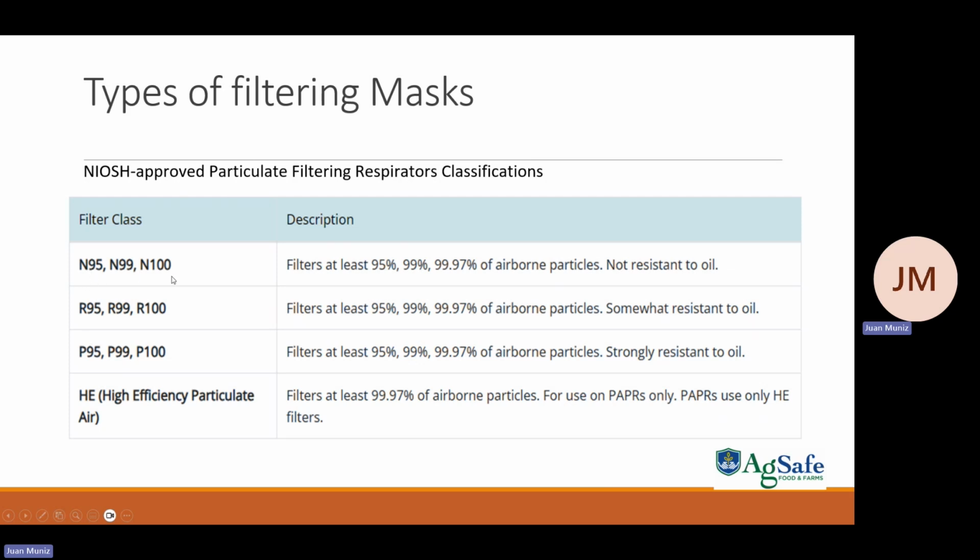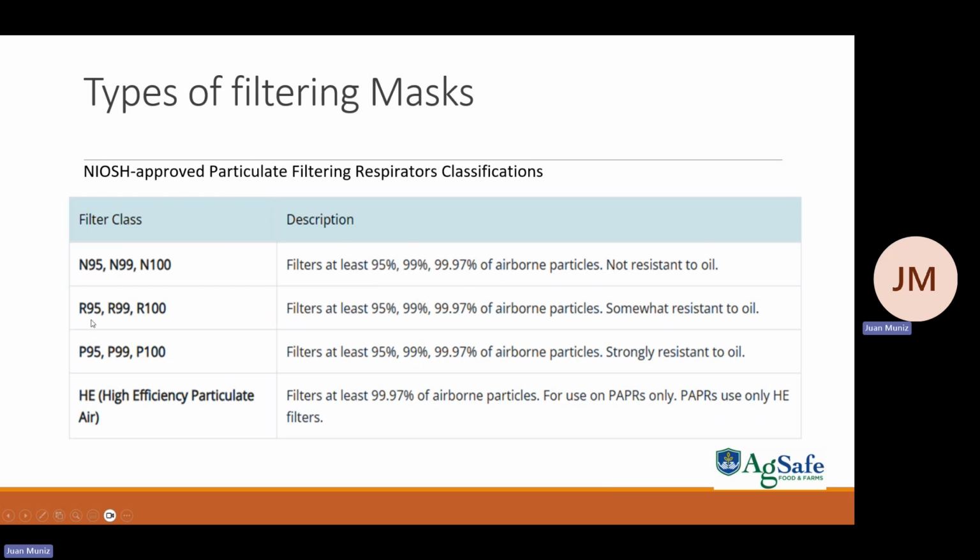If you read across here, N95, N99, N100, that refers to the level of filtering. 95% of the filtering, if you look across, right? 95 refers to the N95, 99% refers to the N99, and the N100 filters 99.97% of airborne particulates. The N means that it's not resistant to oil.